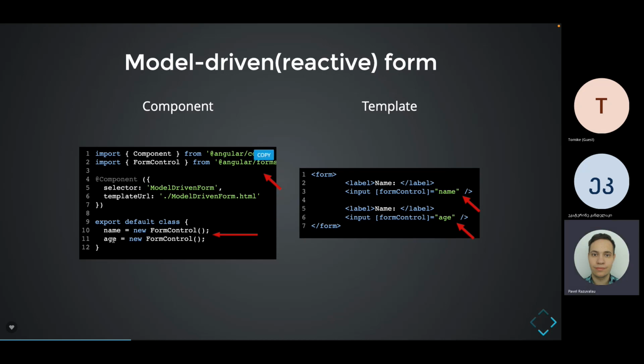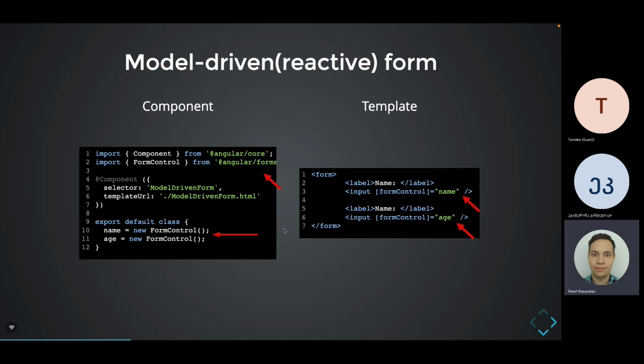So the name and the age actually will not contain the final value of the input. This is the object that contains the state of the input, whether the input is valid or not, and any other info.